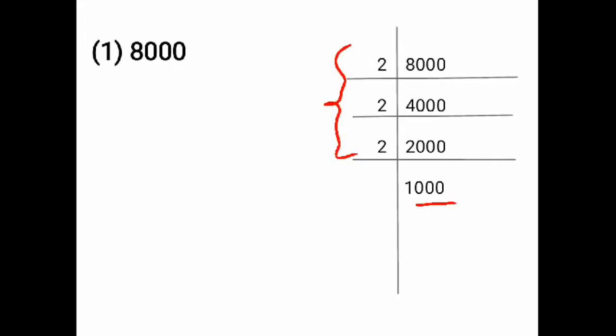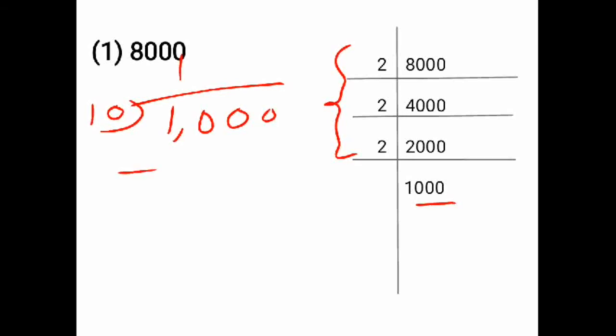Divide the number 1000 by 10. 10 ones are 10. 10 minus 10 is 0.